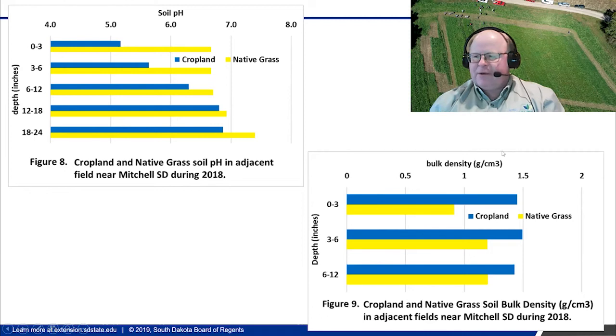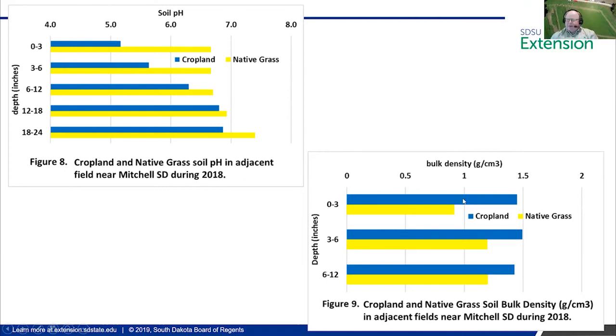But I think what you need to see here is that the bulk density is much higher in the cropland than it is in the native grass. And so it's more difficult for plant roots to grow through the soil, okay? It's more difficult for water and air to move in and out of the soil because it has less porosity, it has less holes in it, it's got more solids.